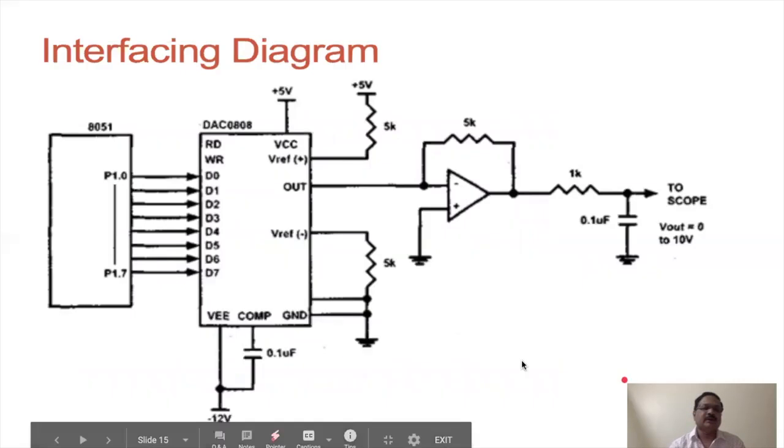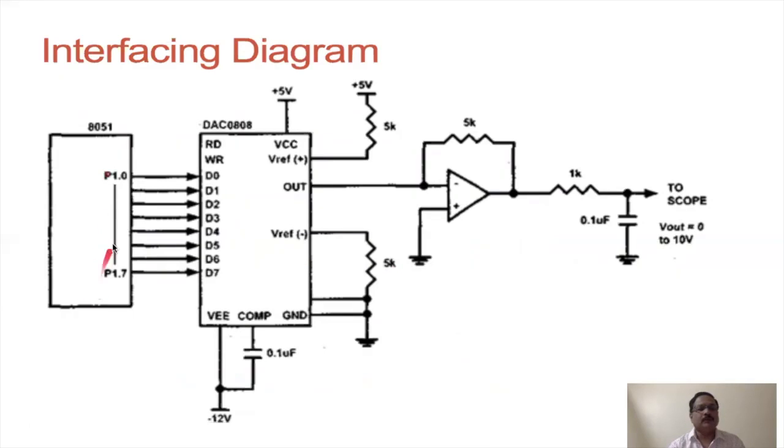Here you can see the interfacing diagram of the D2A converter with the microcontroller. Again, port 1 is used, P1.0 to P1.7 as an output port.